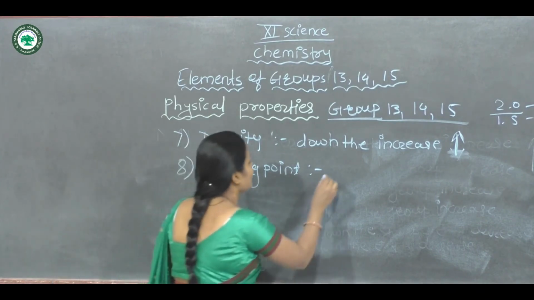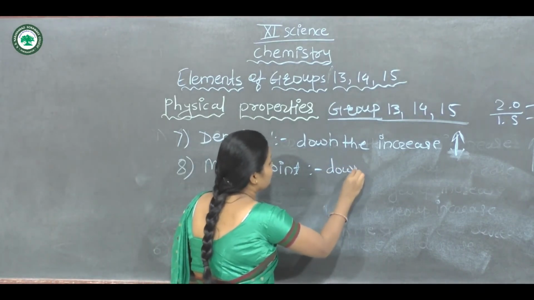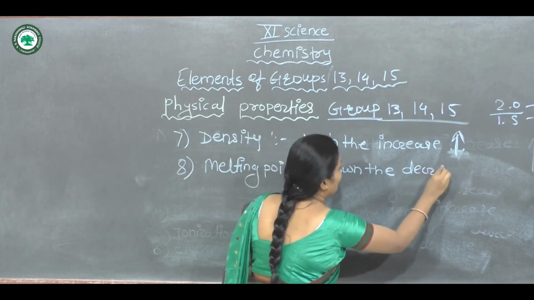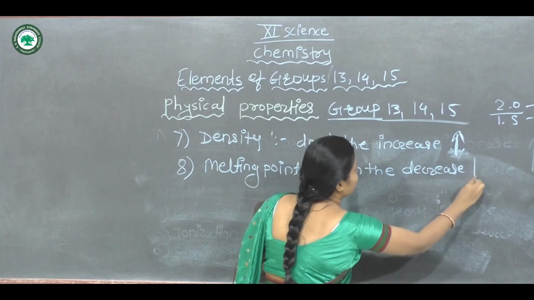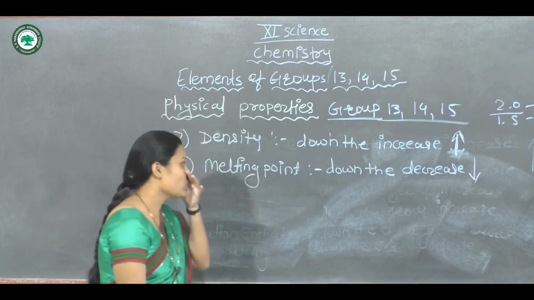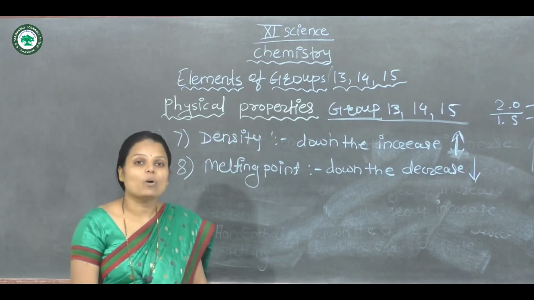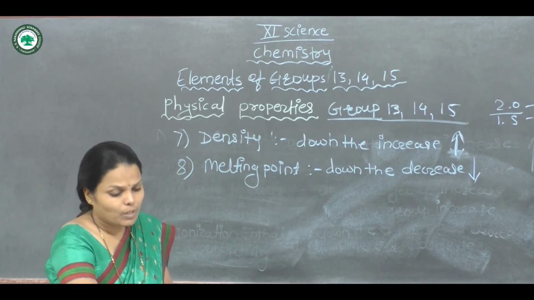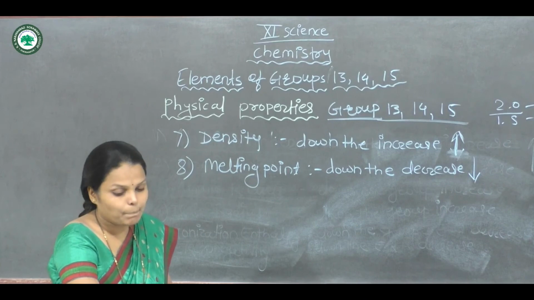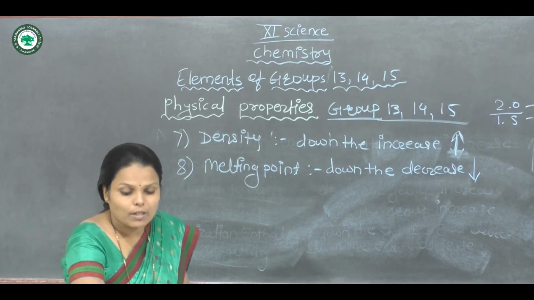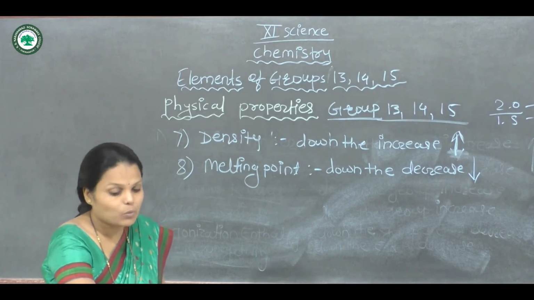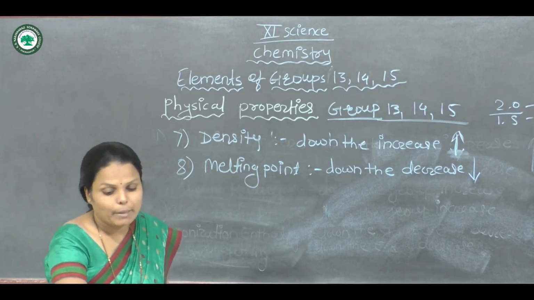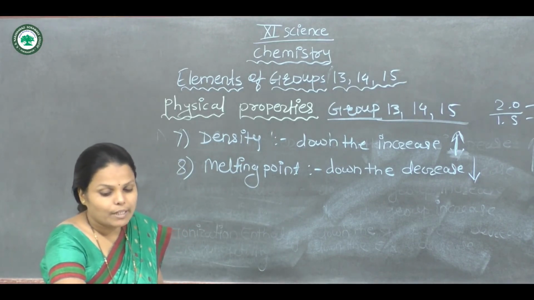Here is group 13, down the group the melting point decreases. Same case for group 14 and same case for group 15. Group 15 is the nitrogen family, in which the melting point value decreases down the group.